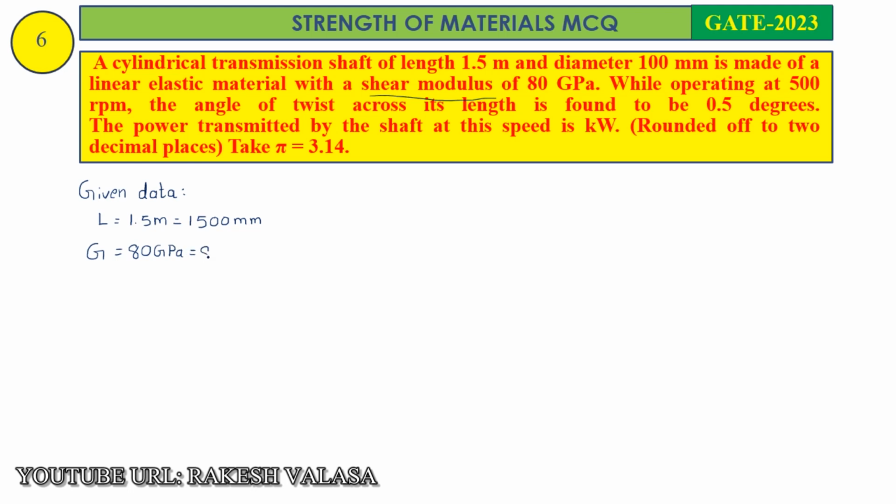So you can write 80 into 10 power 3 megapascal. Here 1 megapascal equal to 1 Newton per mm square. So you can write 80 into 10 power 3 Newton per mm square.